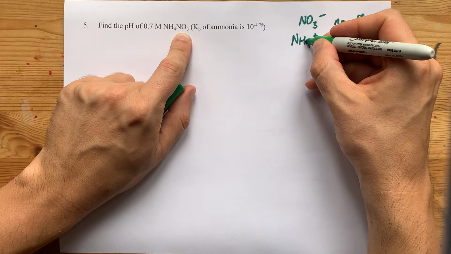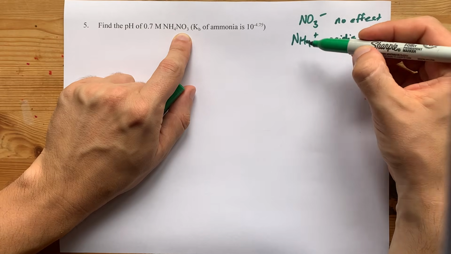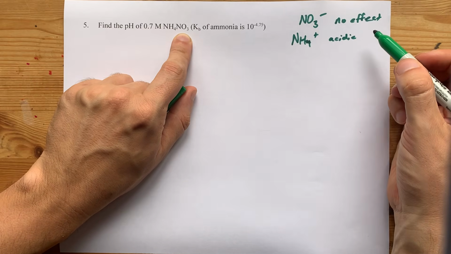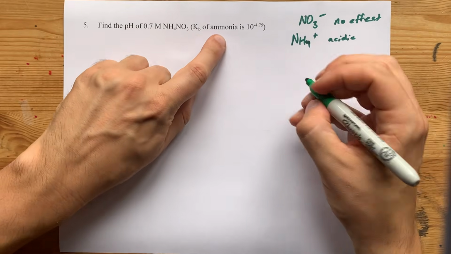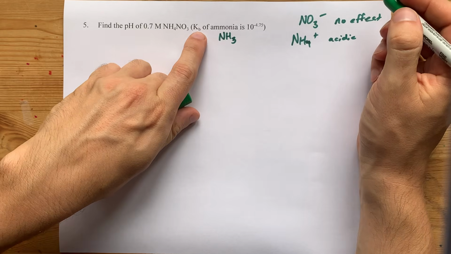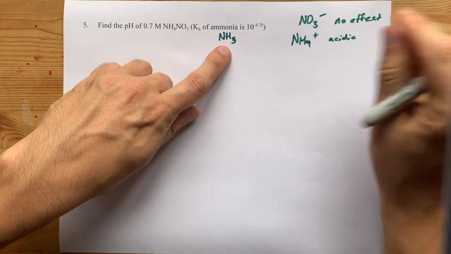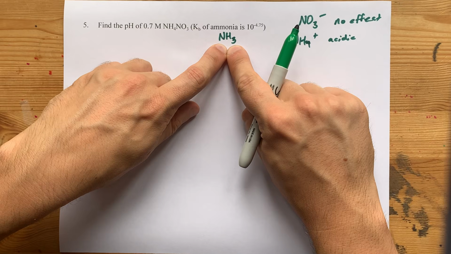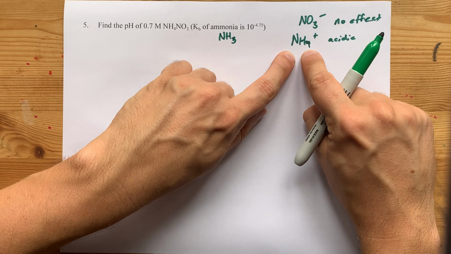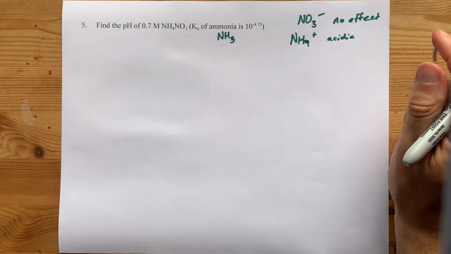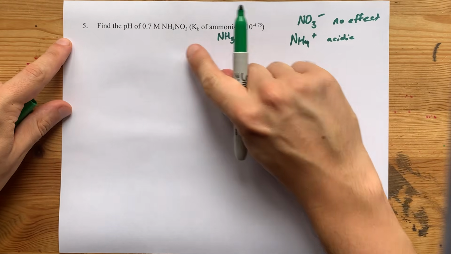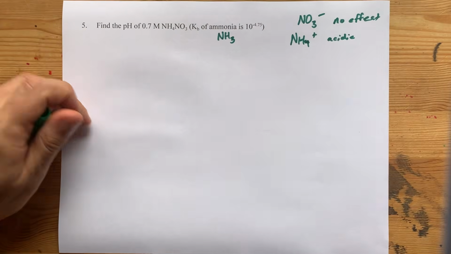I know that because I've been in this game for a while, but it's clearly got an extra H and a plus charge that it might be able to give away. And another hint is that ammonia, NH3, is probably a base that you're given the Kb of. Note that ammonia, having stolen an H away from water, would have formed NH4 plus, one more H and an extra plus charge. So this is the conjugate acid of ammonia, which means that this is probably weakly acidic.